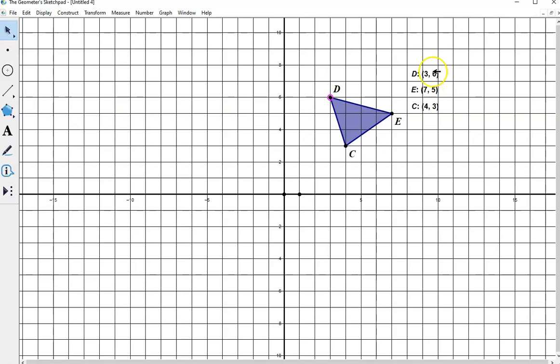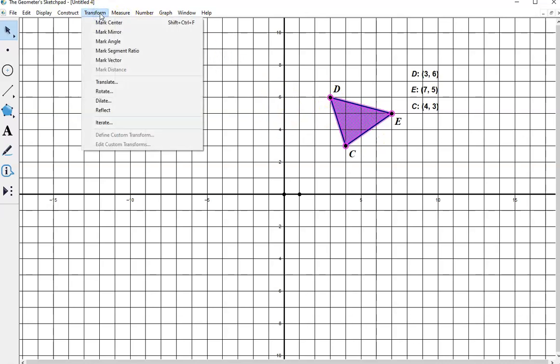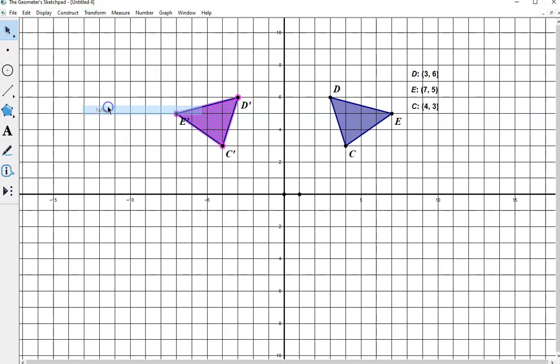Now, what we want to watch are the coordinate values for the different things we're going to do with this. So the first thing we'll do is reflect it across the y-axis. I'm going to select my triangle, I've selected my line, and I would like to reflect that across that line.